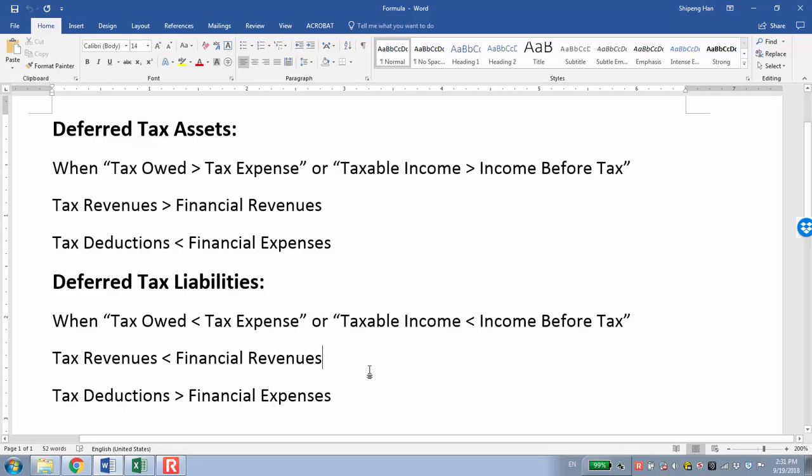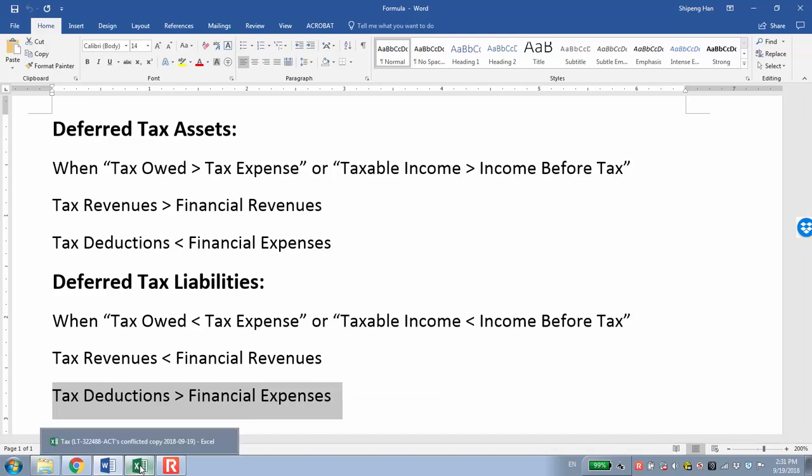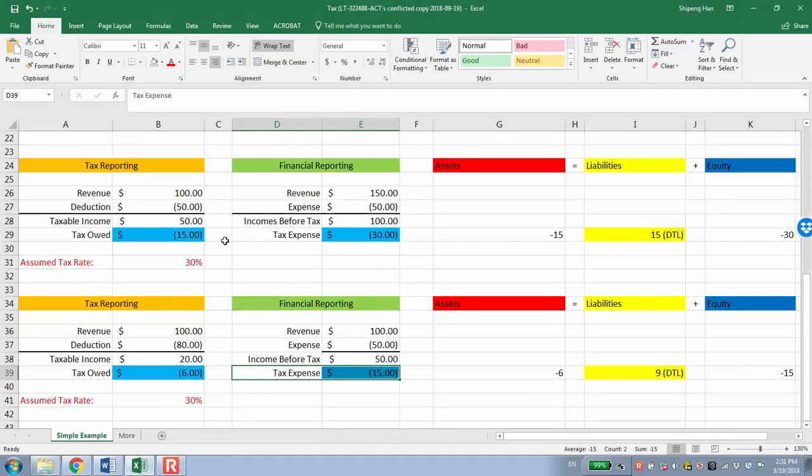One is if we assume deduction is the same as expense, the tax revenue is less than financial revenue. If we assume revenues are the same, then tax deductions are greater than financial expense. Also, I use the numbers shown in this example.